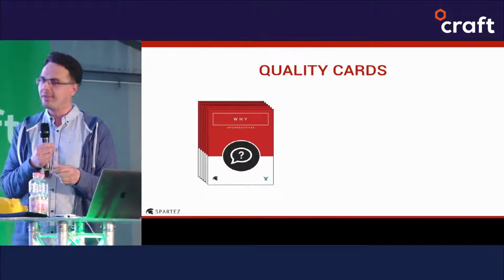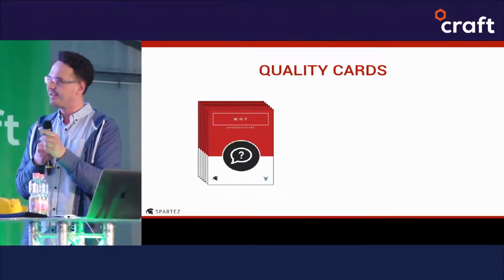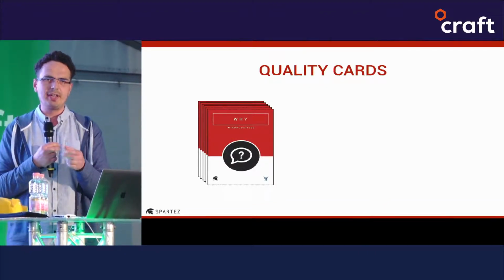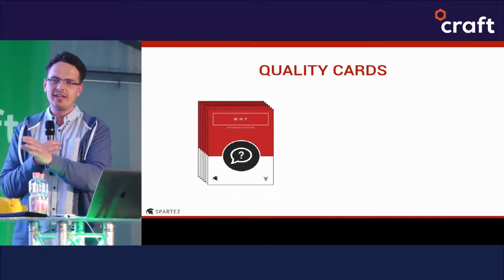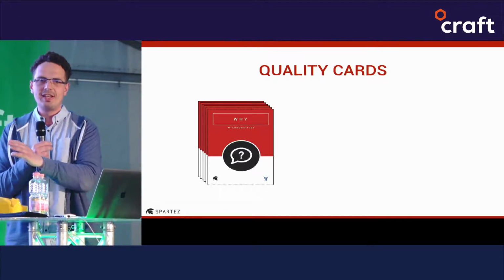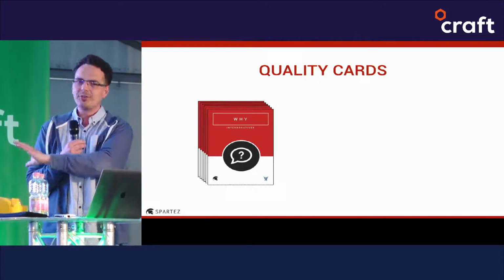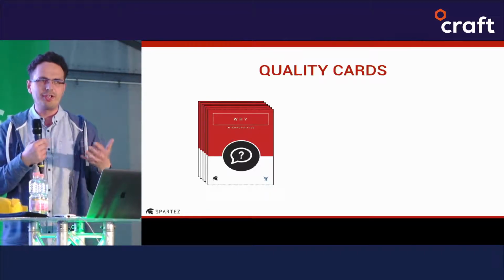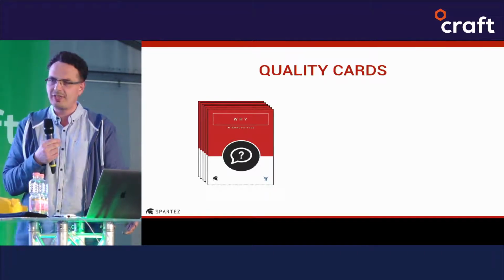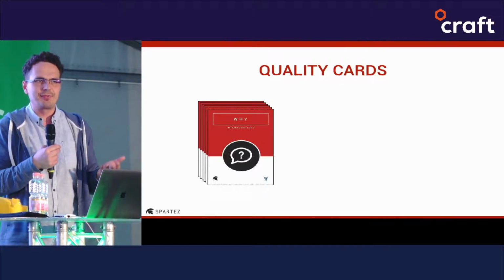The first category is, I think, 7 or 6 cards used for the interrogation of a feature. Those are basic questions that you can always ask, and you can use those cards to find out more about the feature, to find out what the risks behind the feature implementation are. But you can also use those cards for chit chat.